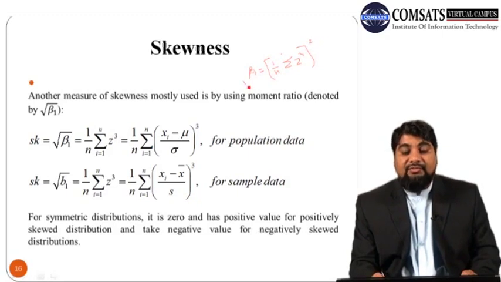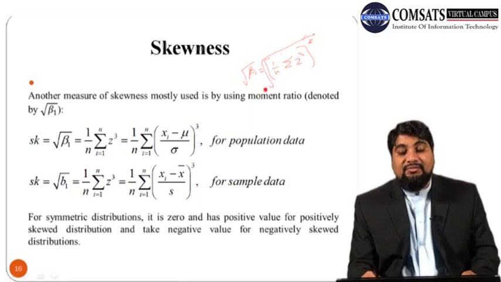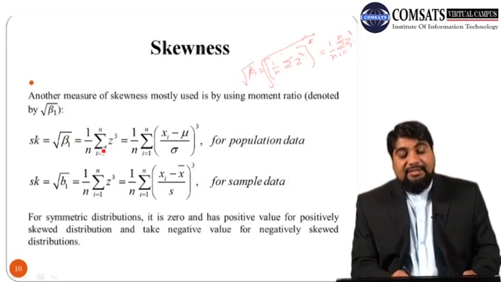If we take the square root, this square will cancel with this, so we are left with 1 over n into summation z cube, where i ranges from 1 to n. So this is the skewness.